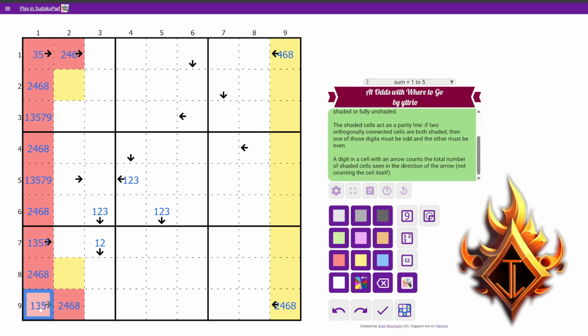If it was 1 though, if this was 1, and all of these were yellow, and that was 2, I guess that would be okay.